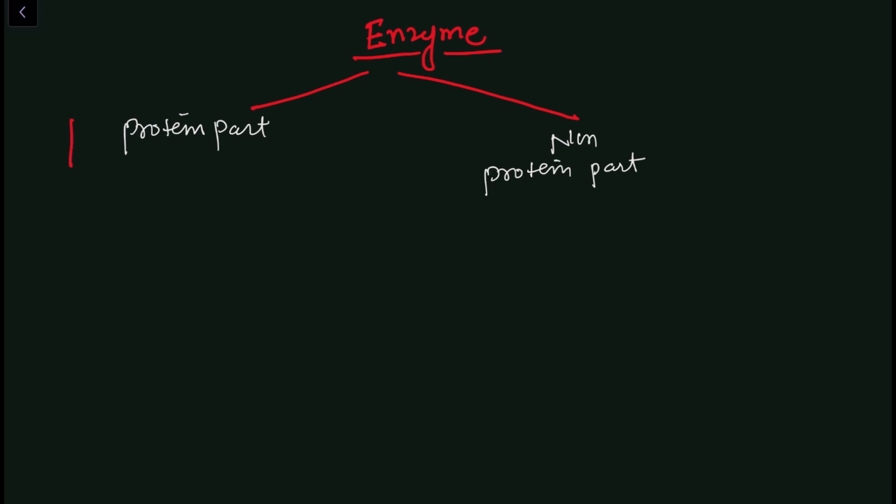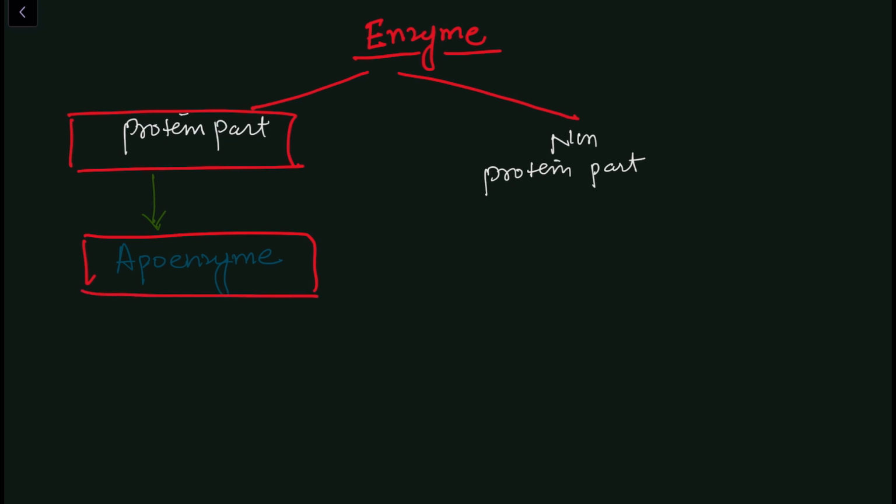Now this protein part is known as apoenzyme, clear? And this non-protein part is known as cofactor, right?